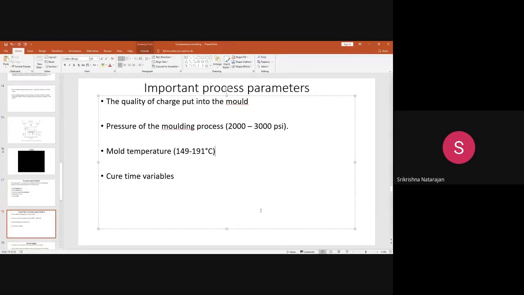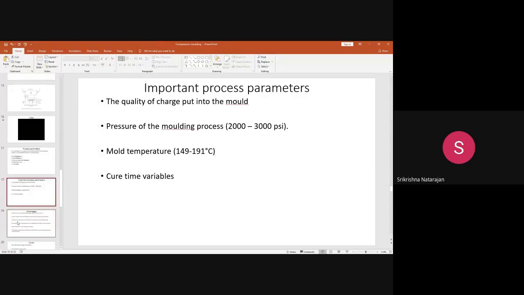We generally do the preheating to make it in the form of a gel, so that the viscosity will increase, molecular weight will increase, and after that you keep it in the oven where the cross-linking is done for much time, so that the cross-links happen. So the curing time variable is also very important.